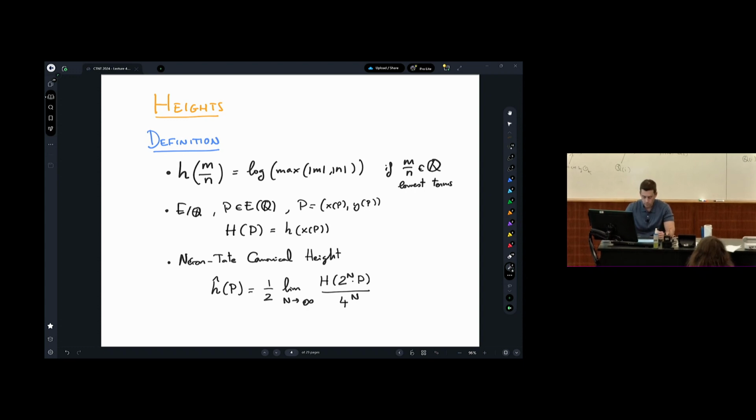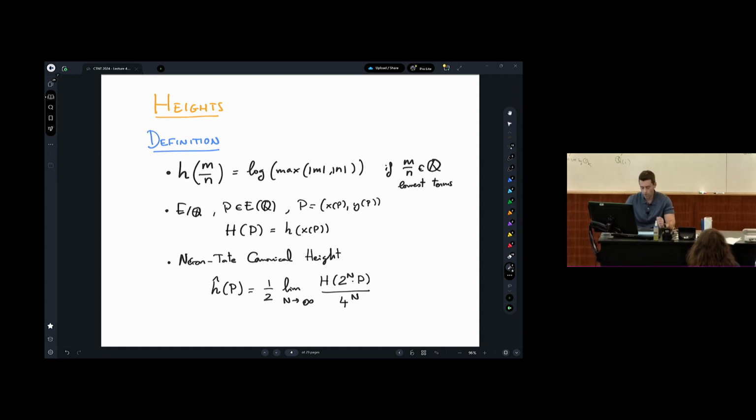Oh, yeah, I'm not sure I even have a very good answer for a conceptual idea of why this one is. But as I said, you can show that this one has those properties, and then you can actually show that any height with those properties is equivalent to this one. But I don't have a good conceptual answer.